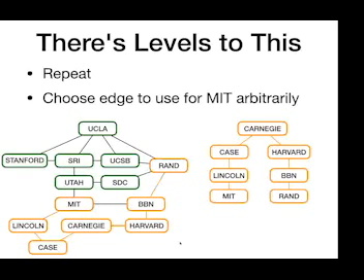And I have one choice here. MIT is going to be discovered by both of those nodes at the same time. So I can choose one of those edges arbitrarily. In the code, it's just whatever one was added to the queue first, just the way the adjacency lists and the graph was built will decide this arbitrary decision for us. But whatever one we visit, check out first, Lincoln or BBN, that's the one that we'll visit MIT through.